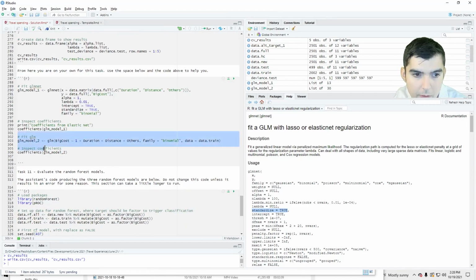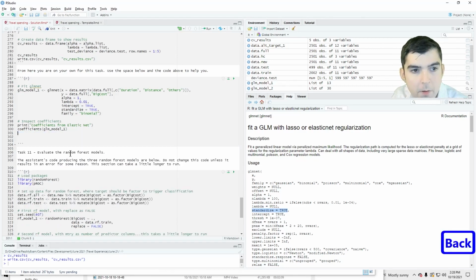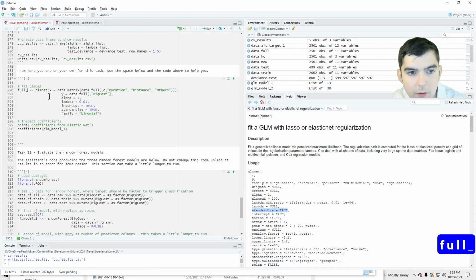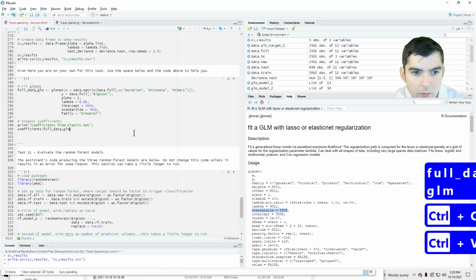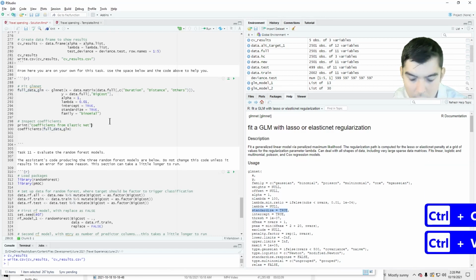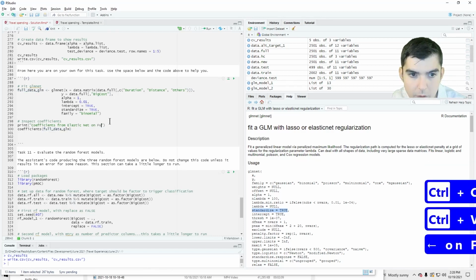And then we can get rid of this other GLM. So call this full data GLM.